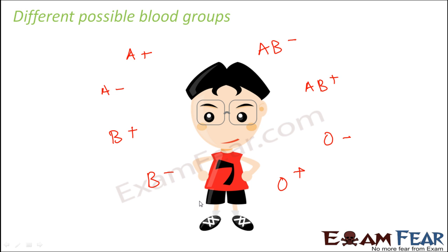Plus and minus denote the presence or absence of the Rh antigen, and A, B, AB and O denote the type of antigen present on the surface of the red blood cells. If you talk about compatibility, as I already discussed, plus and plus are compatible, minus and minus are compatible, and the same blood groups are compatible: A and A, B and B, AB and AB, O and O. O is the universal donor, and AB is the universal acceptor.